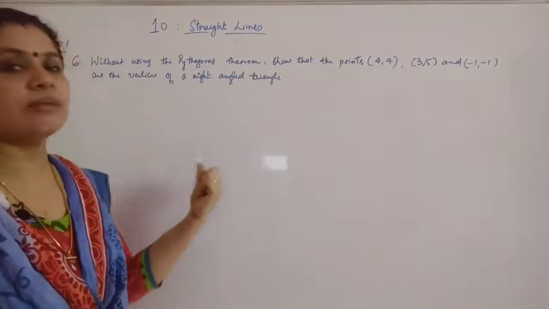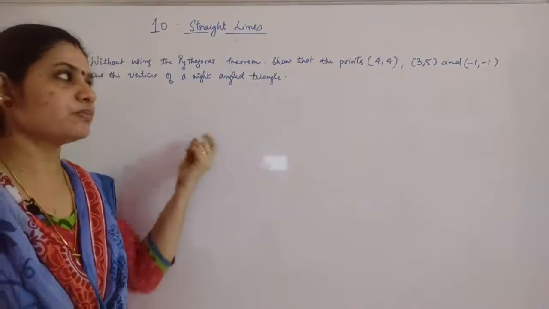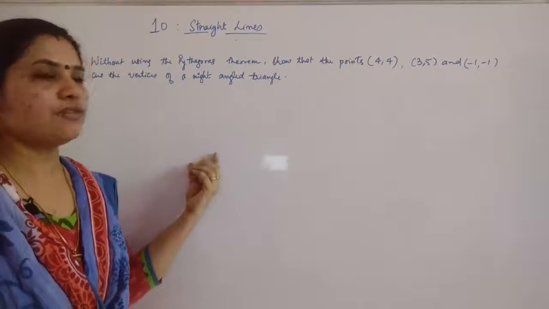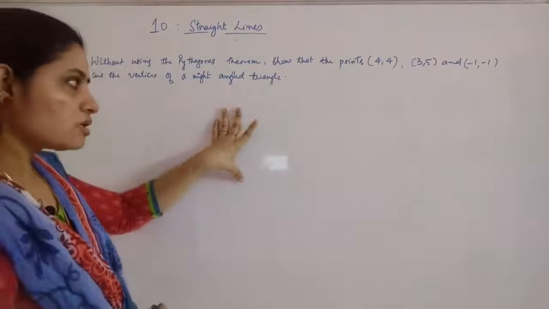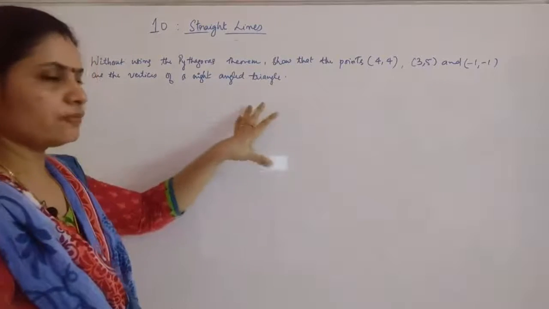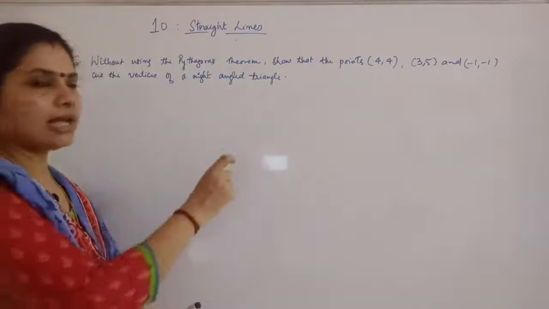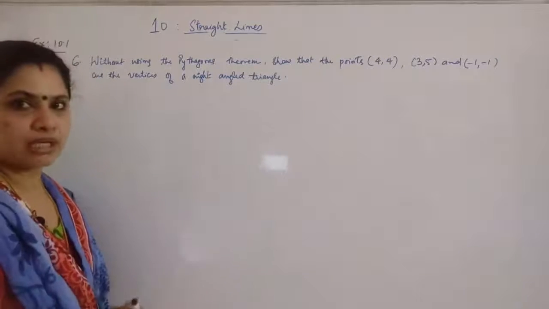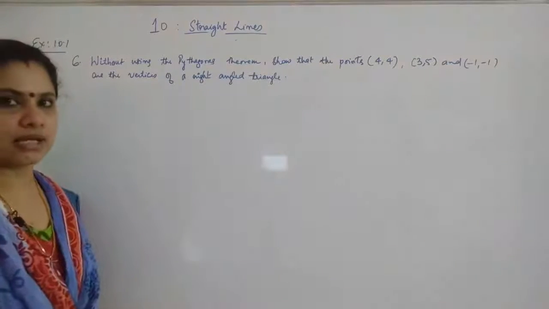If any 2 lines are perpendicular, that means the product of their slopes should give you -1. If you are getting any 2 slopes like that, you can just say that at that point the angle will be 90 degrees or the lines will be perpendicular, so that this forms a right angled triangle.